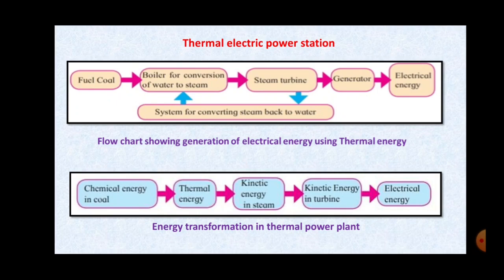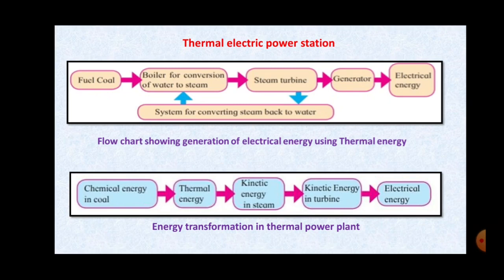So let's revise. In the thermal electric power station, the raw material or the fuel taken is coal. We know that coal has chemical energy. This chemical energy is used in the boiler to convert the water into steam, right?